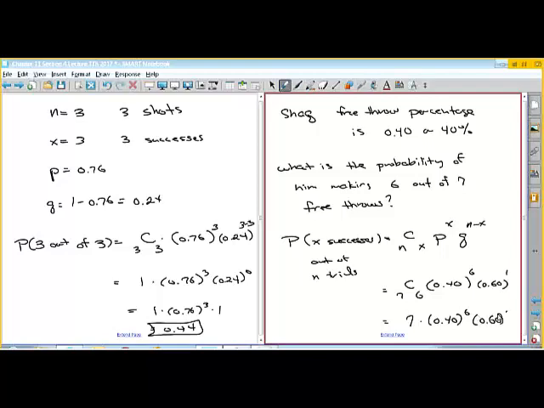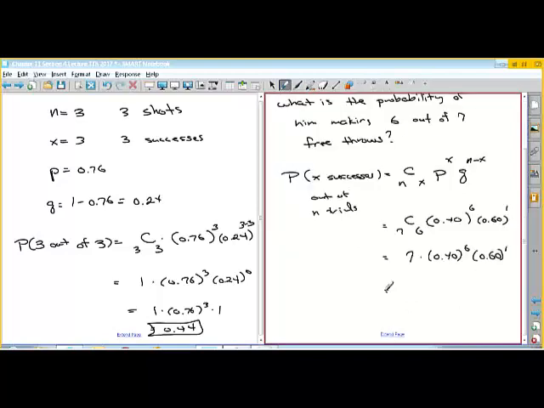So then you have 0.4 to the 6th power and 0.6 to the 1st power. If you plug that in your calculator, you get 7 times 0.4 to the 6th power times 0.6 to the 1st power, and you get 0.0172.